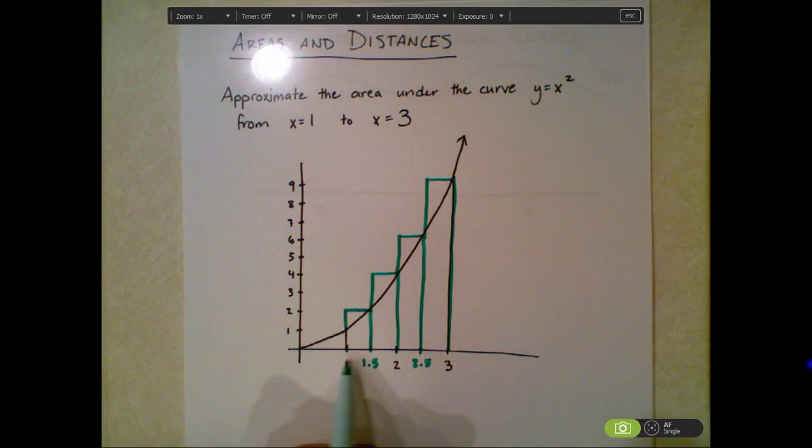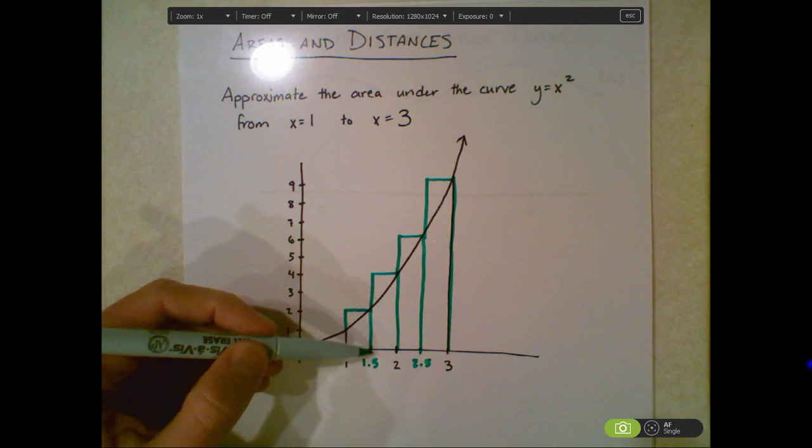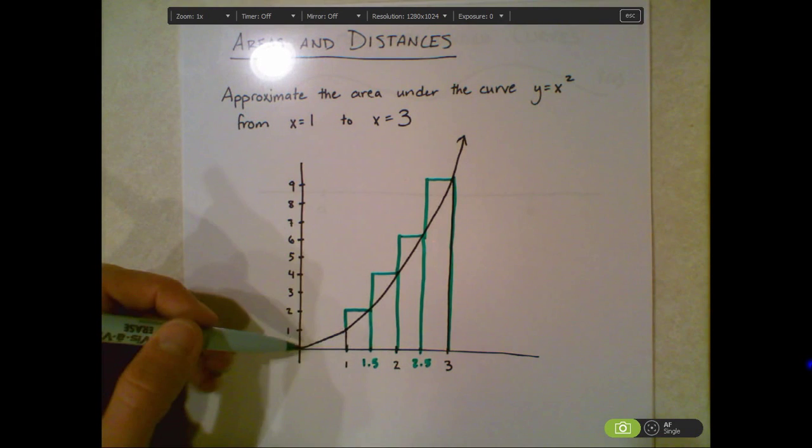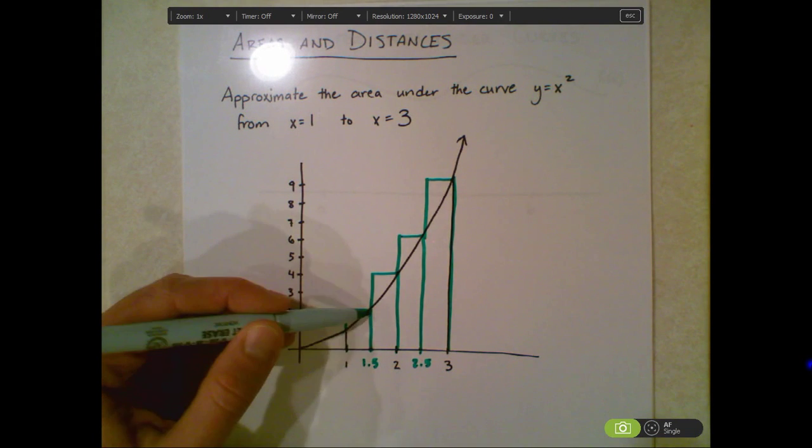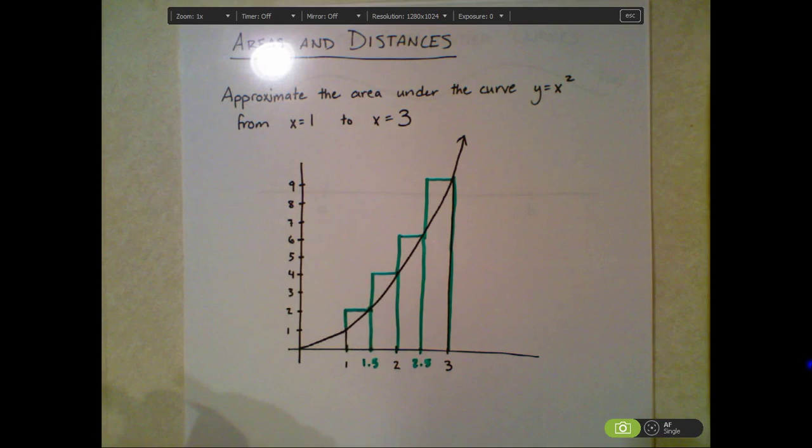So I broke up the interval into 4 equally sized pieces, and I let each rectangle's height be given by the function value at the right endpoint. The notation for that is R sub 4: R because I'm using the right endpoint of each little interval, and 4 because I broke it up into 4 rectangles. And I'm going to approximate the area under the curve by finding the area of these 4 rectangles.